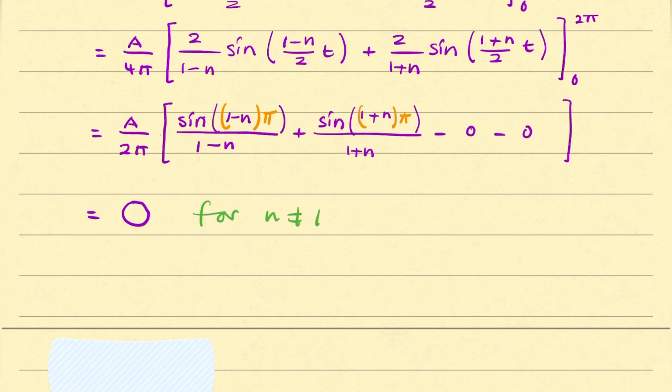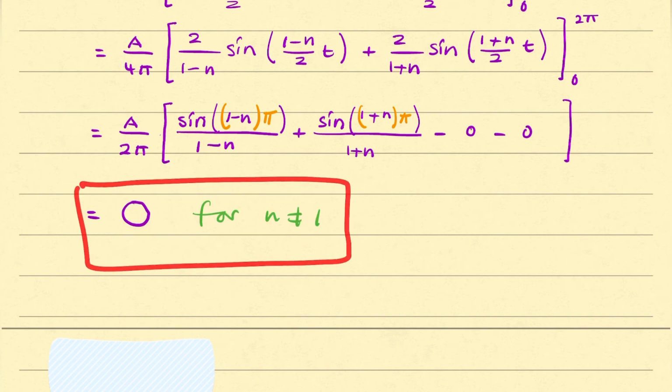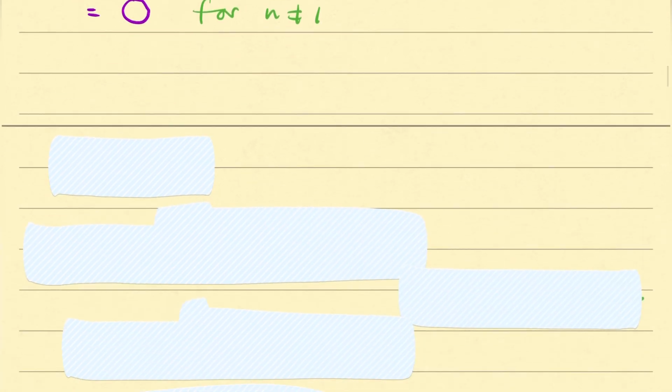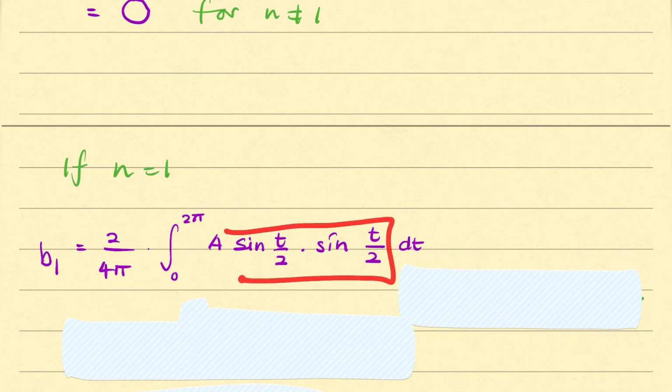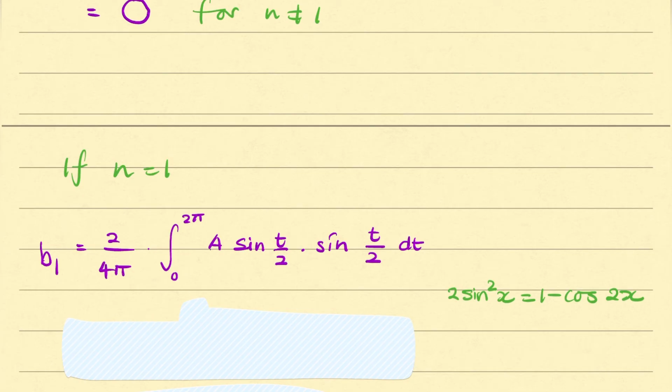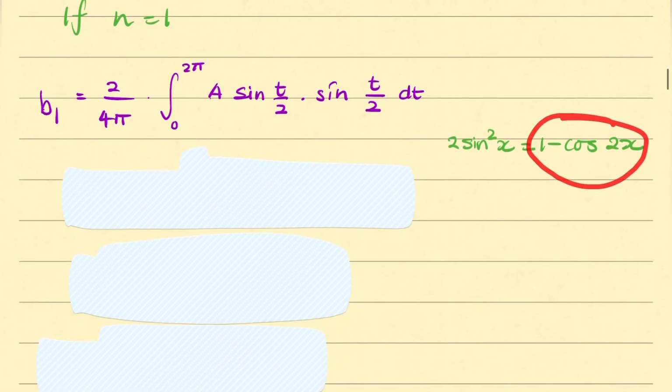So we've just shown that the b terms are all 0, except when n equals 1. So when n equals 1, slightly different. It's just we don't have an n there, we have 1. So now we can use the double angle formula. When you have sine x squared, that will give you 1 minus cosine twice the angle.